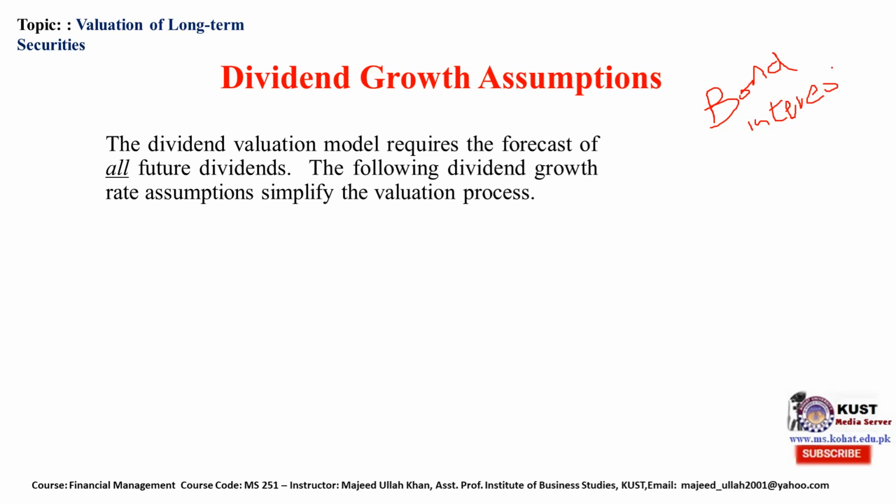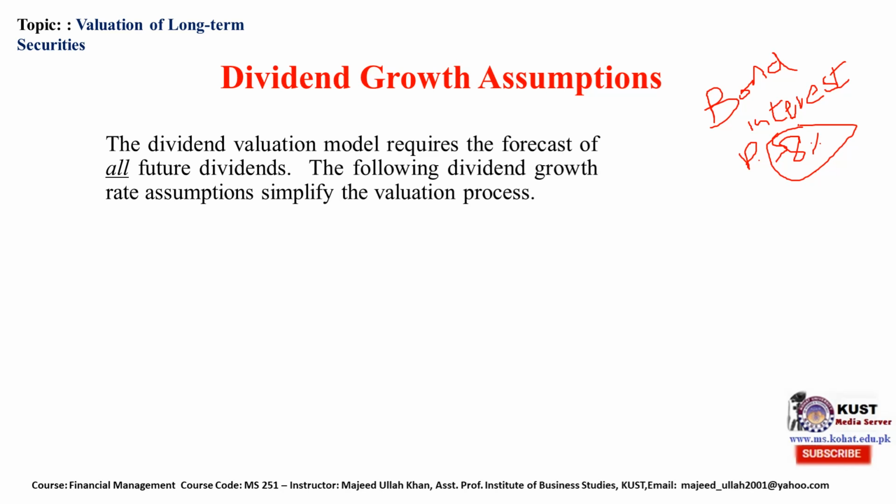Similarly, preferred share dividends are also mentioned in advance. Let's suppose preferred share dividends are like this: 8% preferred share dividend, 10% preferred share dividend. So neither the bond coupon rate nor the preferred share dividend rate changes.